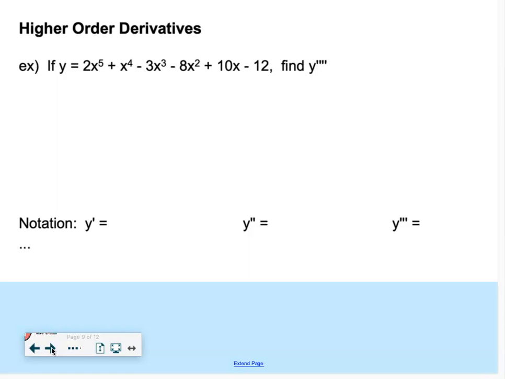Just write down the problem, don't worry. Higher order derivatives are fun when the function's a polynomial. Once you get into more complicated functions, then finding higher order derivatives isn't quite as much fun. But it's fun for these. So we'll have fun with this today.